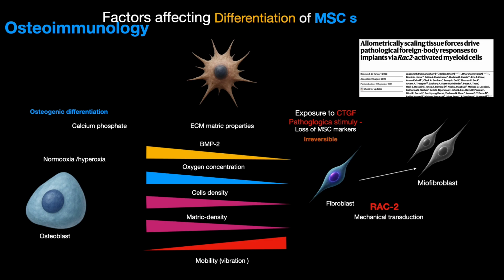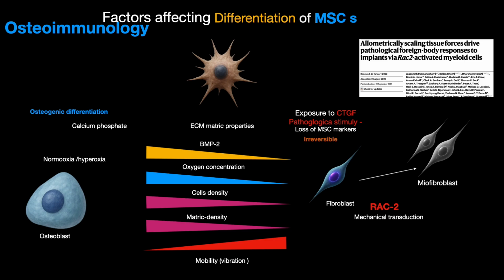High mobility, presence of mechanotransduction, and exposure to certain factors, such as transforming growth factor, will transform MSC into fibroblast.